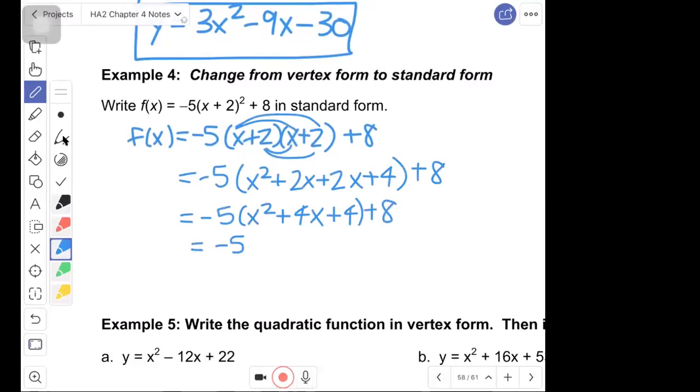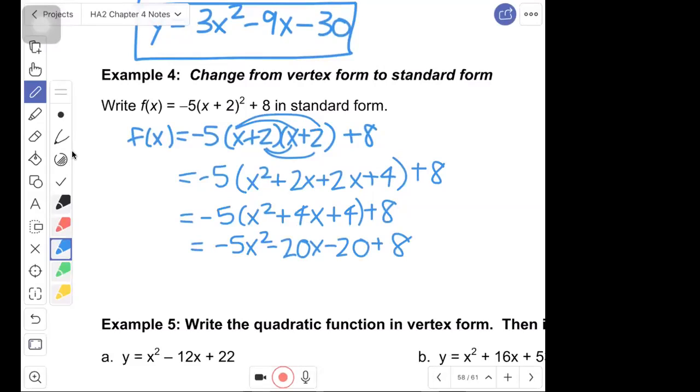Multiply in that -5. Distribute that through. And then what else could we do? What's the last step here?